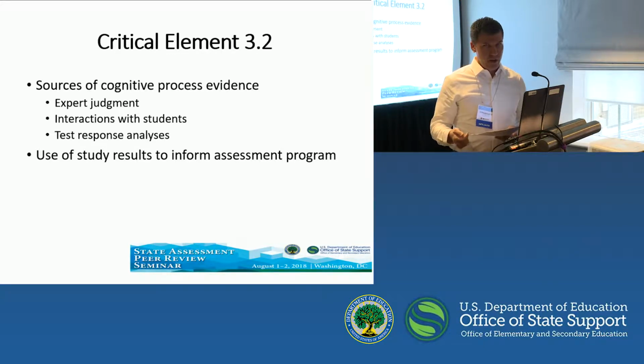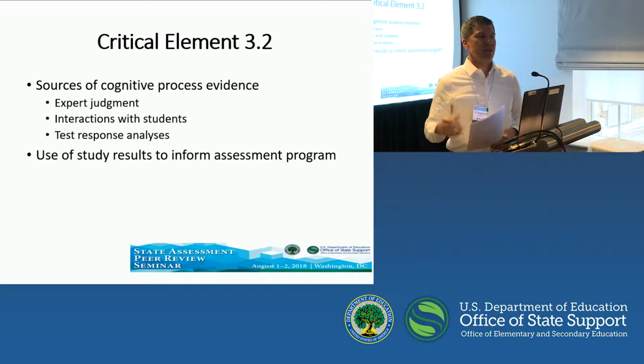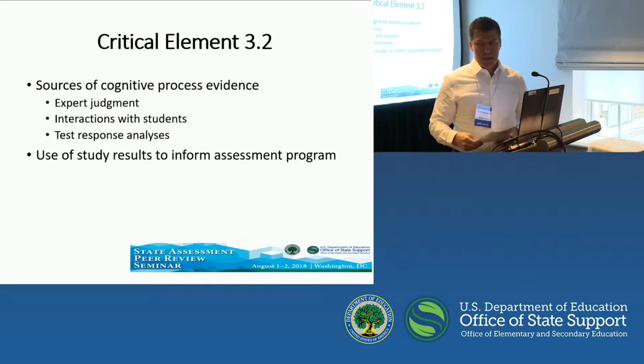Then ask yourself what observable student actions or statements would provide that evidence. Maybe it's something you can ask right after they take the item or a set of items. And how are you going to create the conditions to elicit those actions or statements, if the students are indeed following the cognitive processes implied in your standards? So that's all I have.